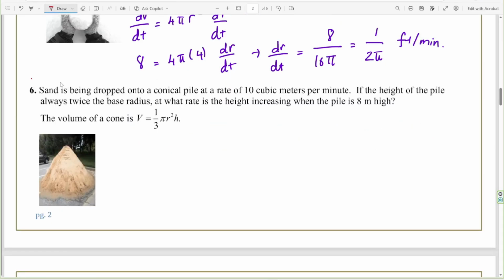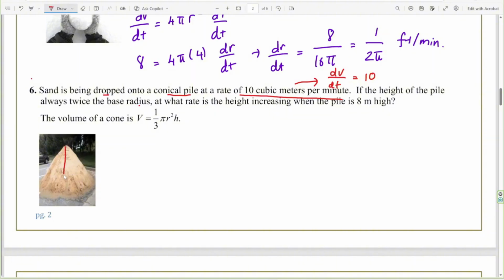Let's move on to example number 6. Sand is being dropped onto a conical pile at a rate of 10 cubic meters per minute. So this guy gained sand. So it should be dv over dt equals 10, right? If the height of the pile is always twice the base radius, right?